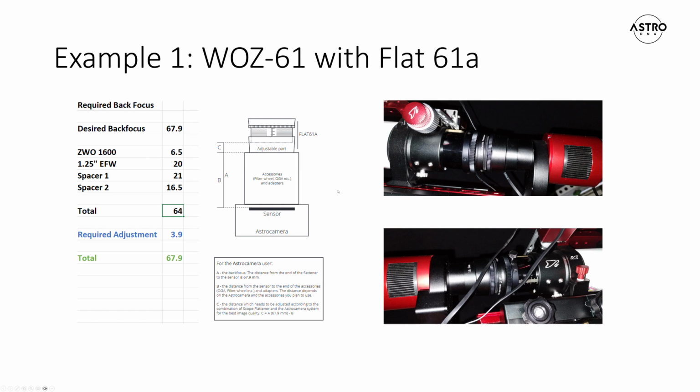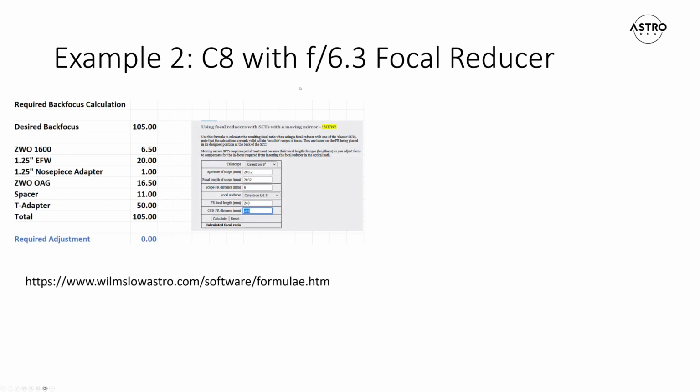Okay, so another example, I have a Celestron C8, a classic SCT, and I use a 6.3 focal reducer with it. And this is a great resource, by the way, wilmslowastro.com.